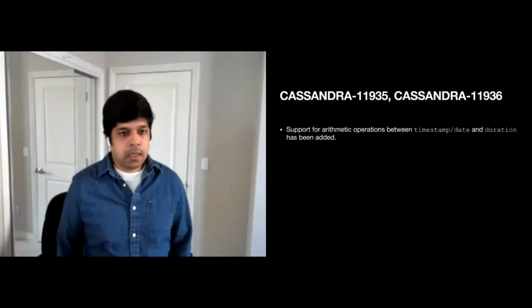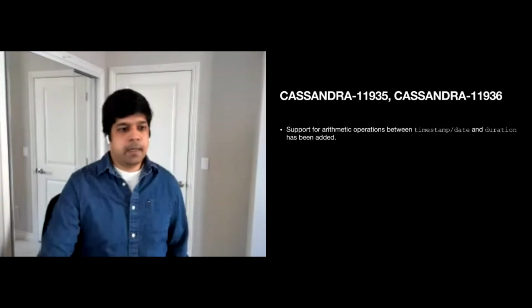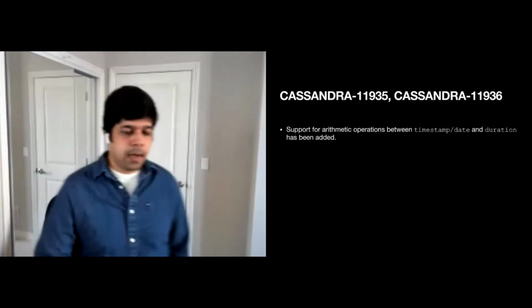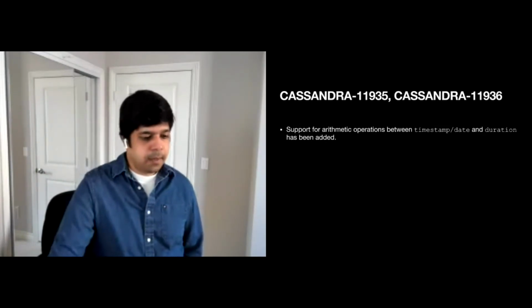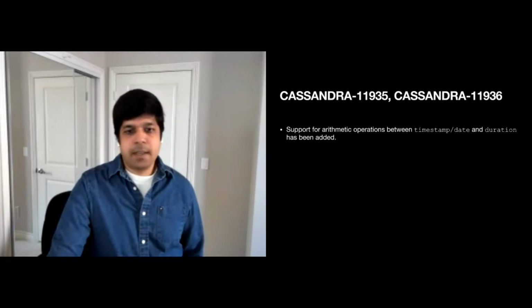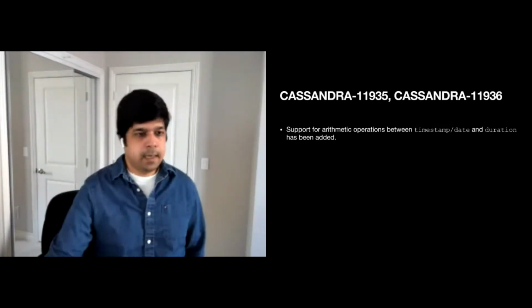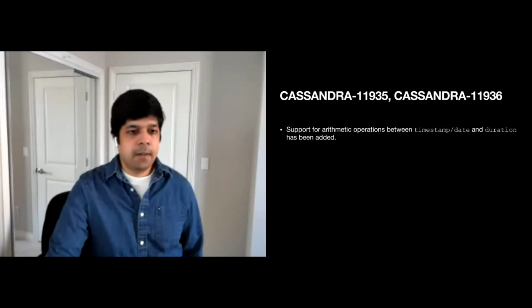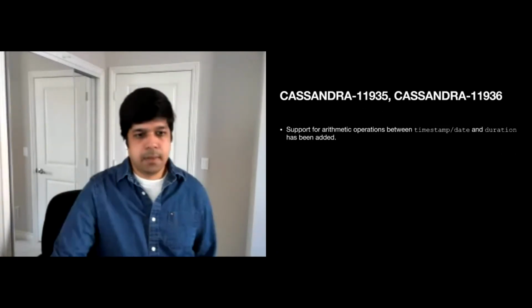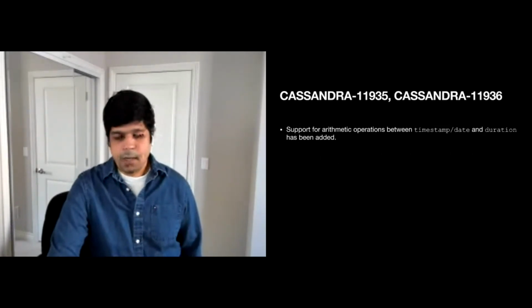Earlier, you couldn't perform these arithmetic operations, and now that support has been added, including support for arithmetic operations on numbers, which is again one of the convenience features for application developers, that you can actually do this in your queries on Cassandra, rather than actually having to do this in the application. So this is one of those useful features for application developers. Again, a convenience feature. It's cheap and it's not very expensive in general.